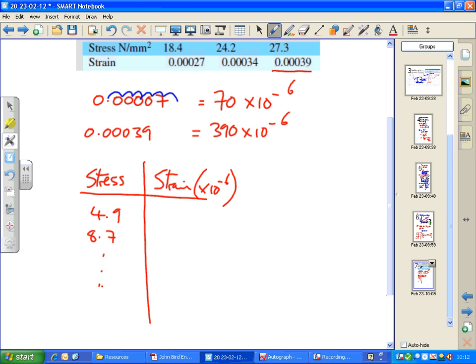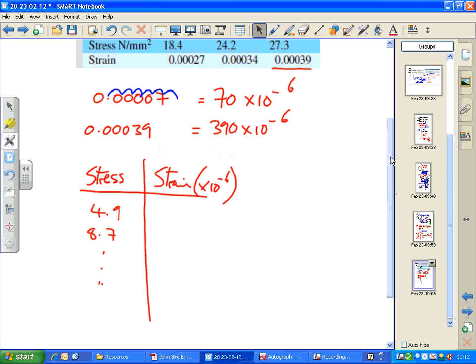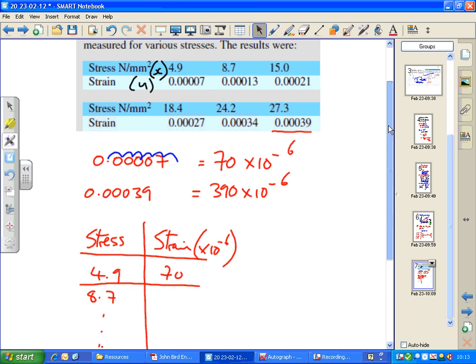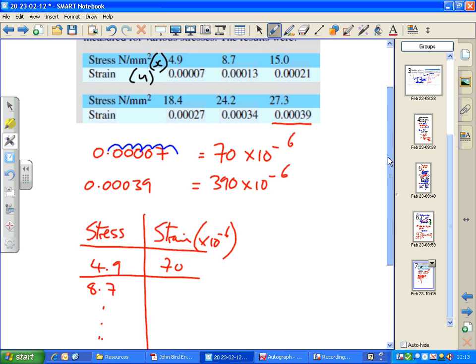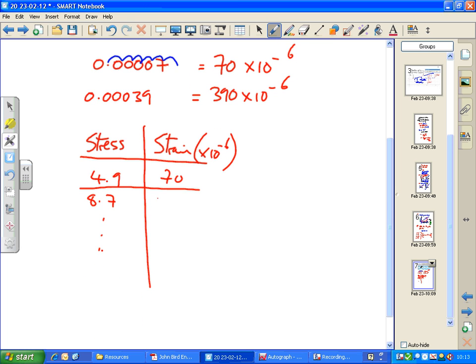So then what I plot is, the first one is 70. The second one will be, if I move this 1, 2, 3, 4, 5, 6 places to the right, that will be 130. And so on. And so then when I come to plot the graph, they look more reasonable results to put on the graph paper. I'm not trying to write my scale 0.0001, 0.0002, and so on.